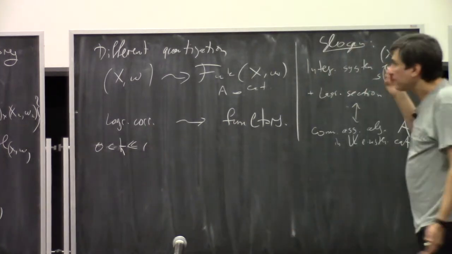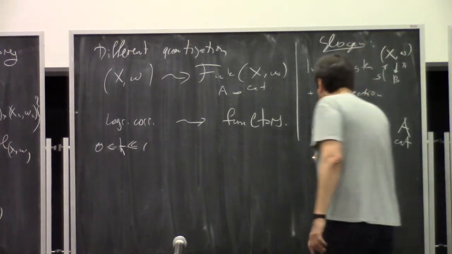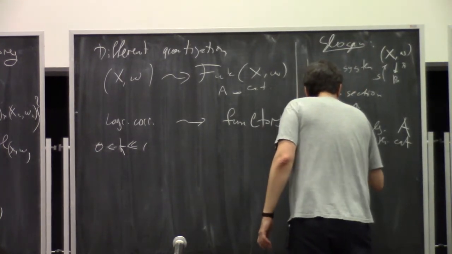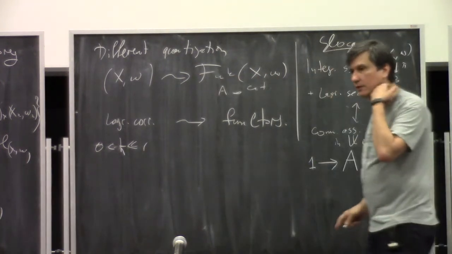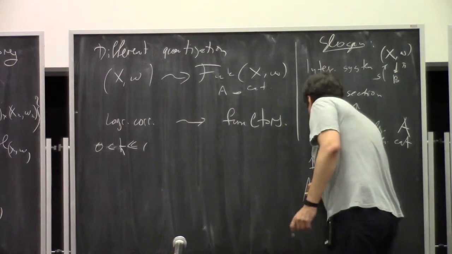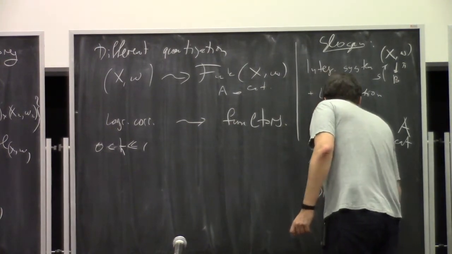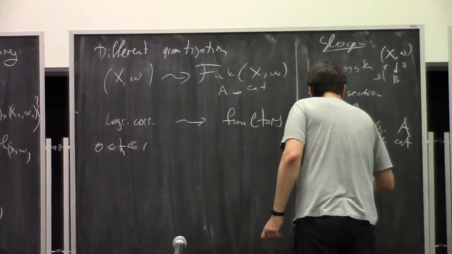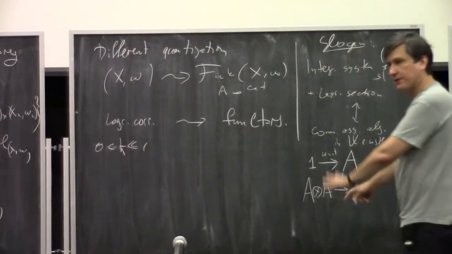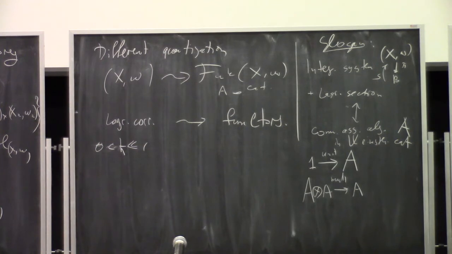What is an associative algebra in a tensor category? You have a map from the unit object, which is a point, to A, and you get a multiplication, satisfying some axioms: commutativity, associativity.